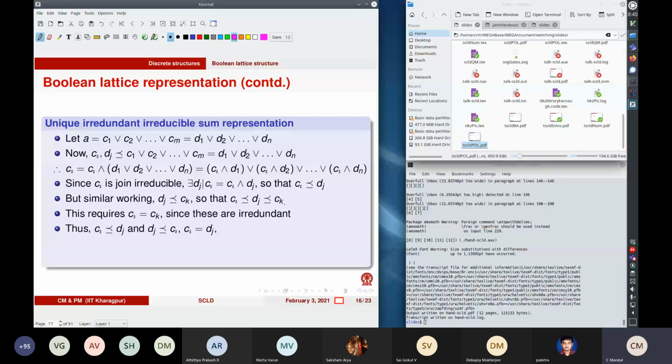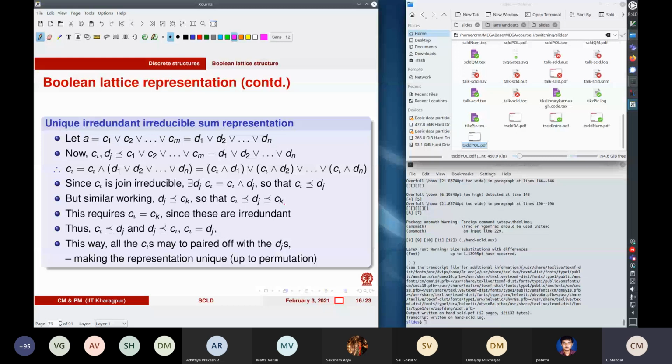So if you carry on, you can pair off all the Ci's with all the Dj's, and that way you can show that this irredundant irreducible sum representation is unique up to permutation, of course.